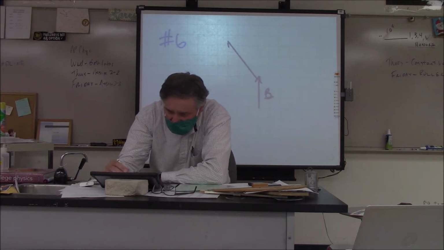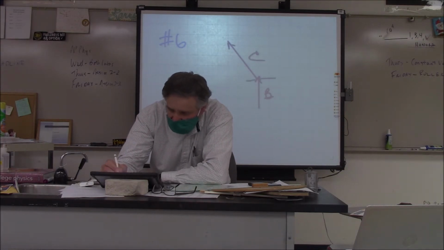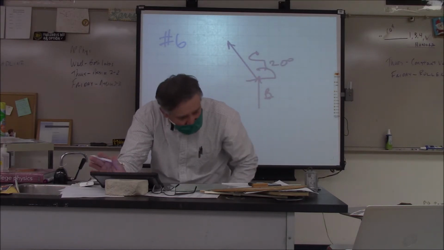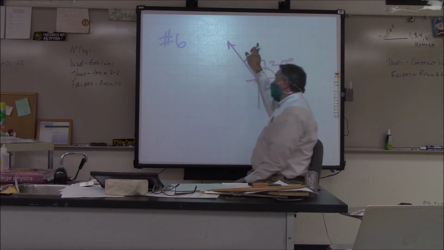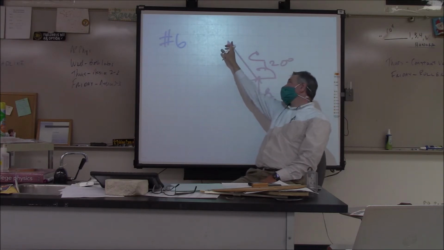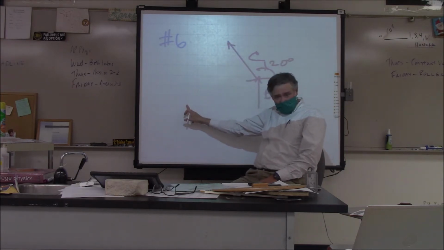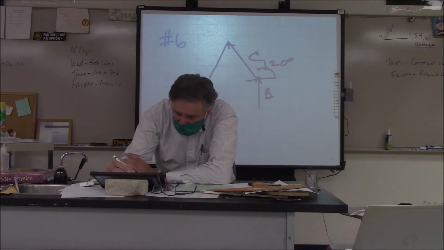And then that's vector C, 120 degrees. Then you've got D, which is 6 centimeters at 250. So again, you've got 180 to here, so that leaves you another 70 degrees down here like this. So you can come down here like this.